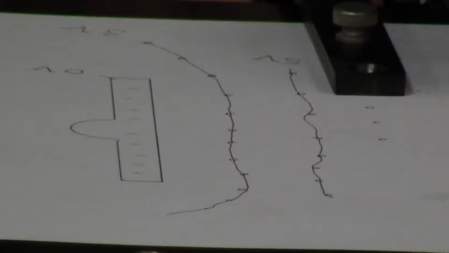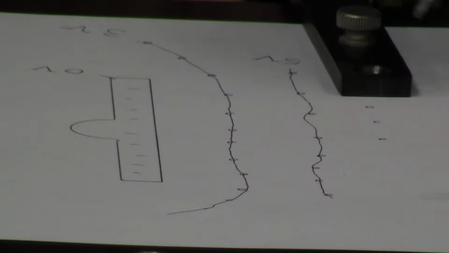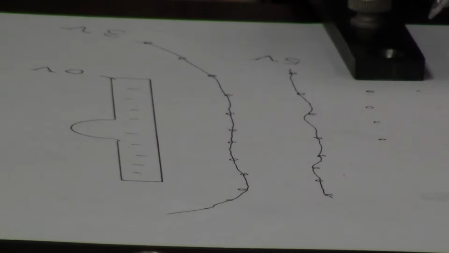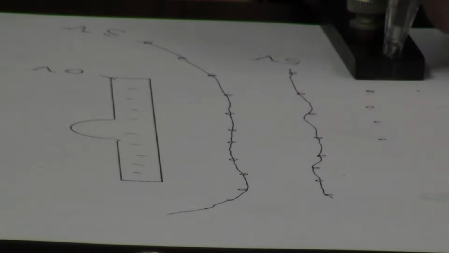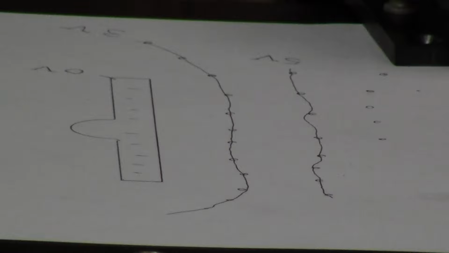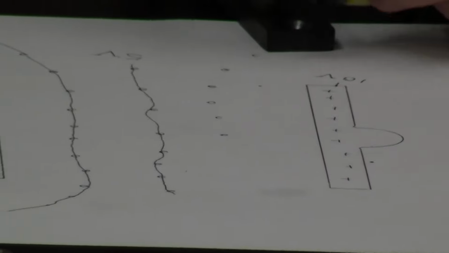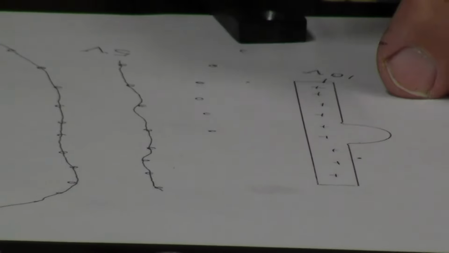But let me just find a bunch of locations that all have the same voltage. Oh, I bumped the paper.